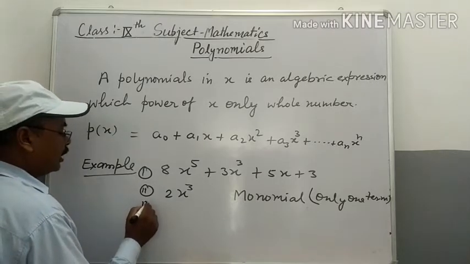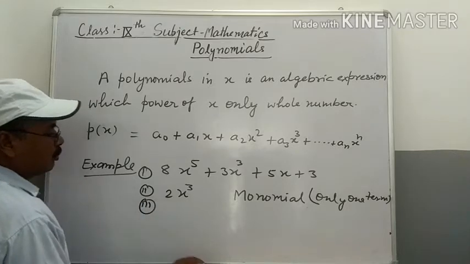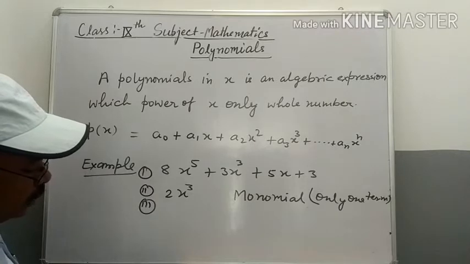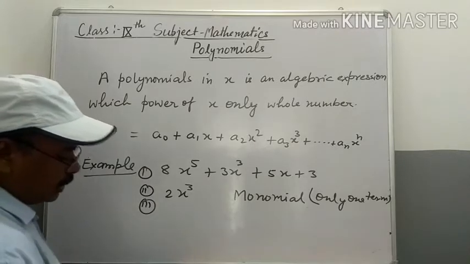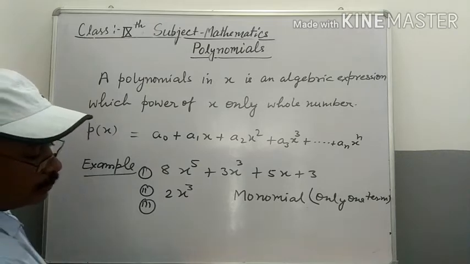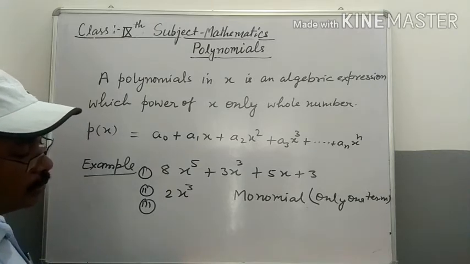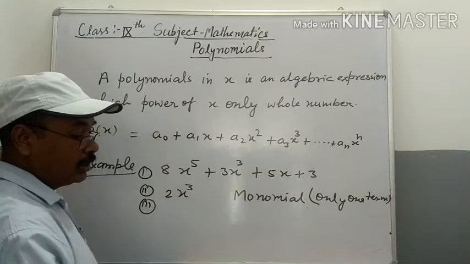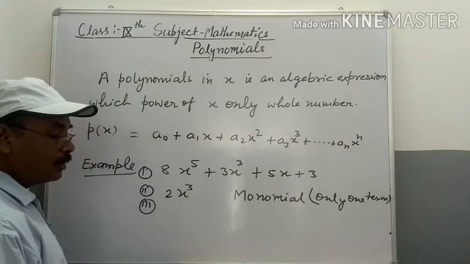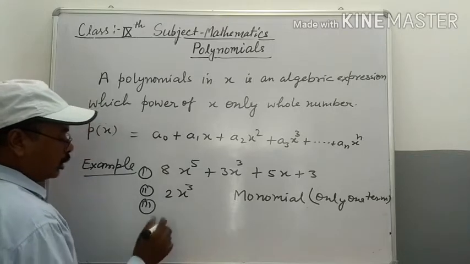And the binomial: bi means two terms, the number of terms is two, students, that is known as a binomial. Students, if the number of terms is 3, then that is an example of a trinomial.